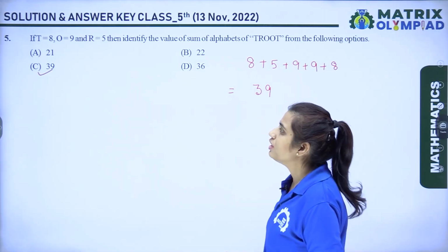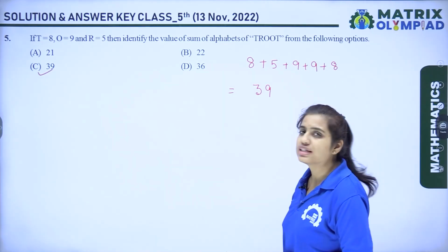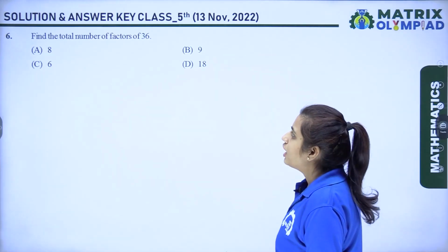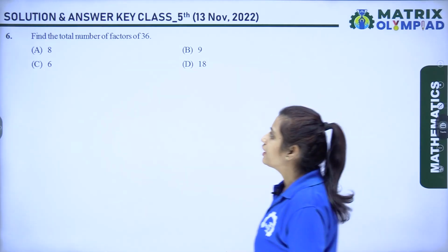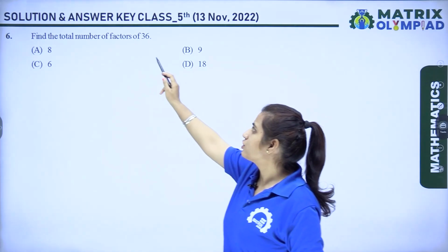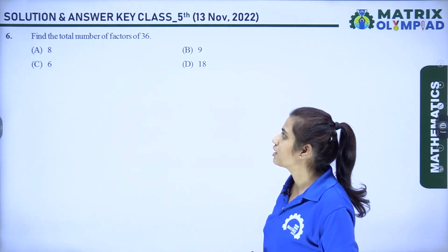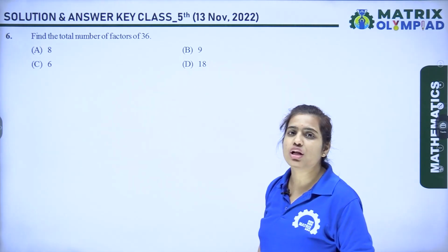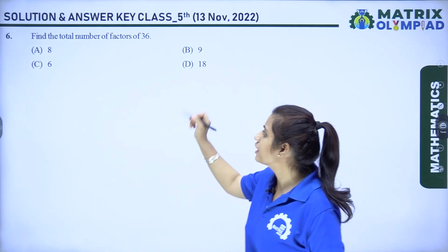Now let's begin with the next question. Question number 6. Find the total number of factors of 36. Now we have to find the total number of factors of number 36.